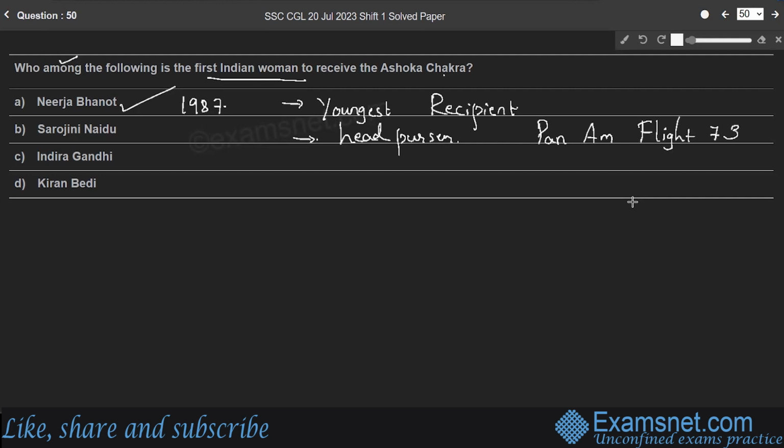The flight had been hijacked by terrorists during the stopover in Karachi, Pakistan on 5th September 1986.